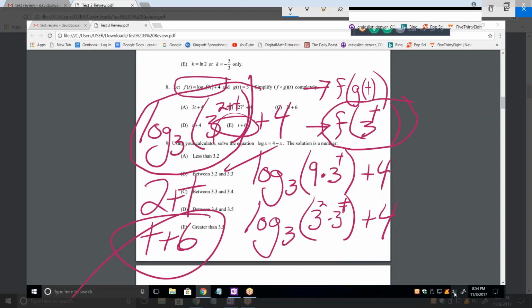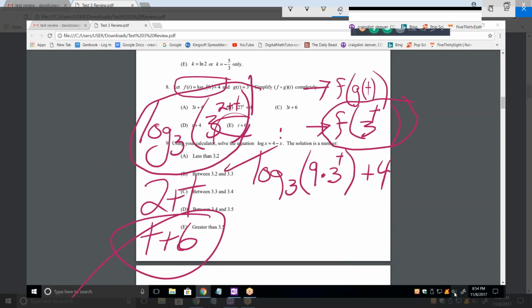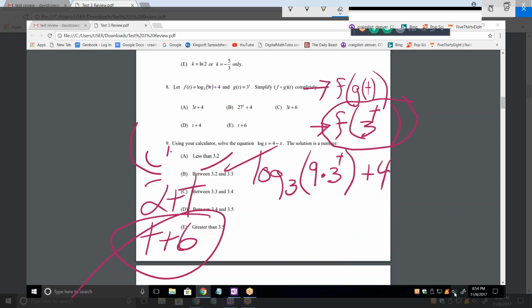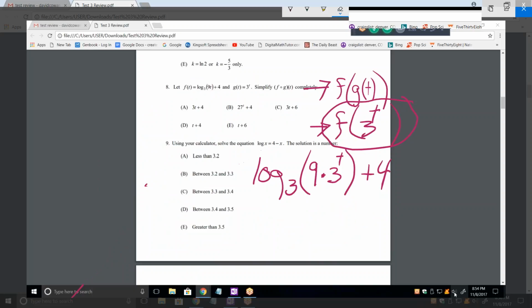You can separate the argument. Look what happens here. I could do it if it was an 8. I don't need to use that nice little trick that I just used. Here, let's do it the other way also. I'm multiplying in the argument, right? Yep. So that becomes log base 3 of 9 plus log base 3 of 3 to the t.